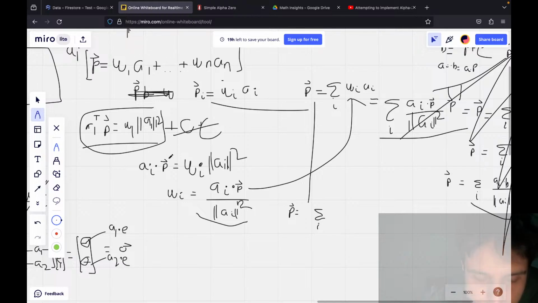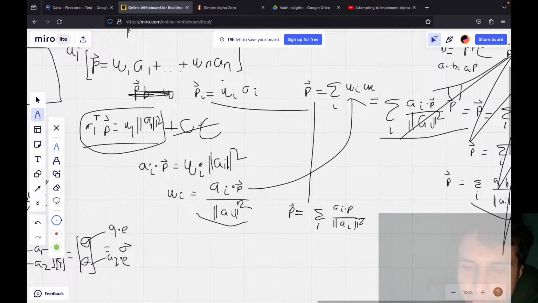So again, we zero all the terms except for the ith term, and we use this to solve for Wi. Now we plug it back in, and what we're going to get, which I'm hopefully not going to screw up again, is Wi, which I'm going to write here, AI dot P over AI, and this whole thing squared.